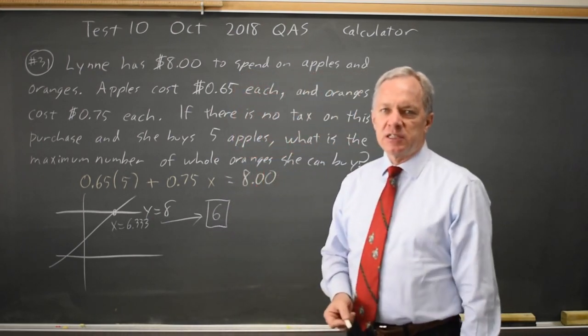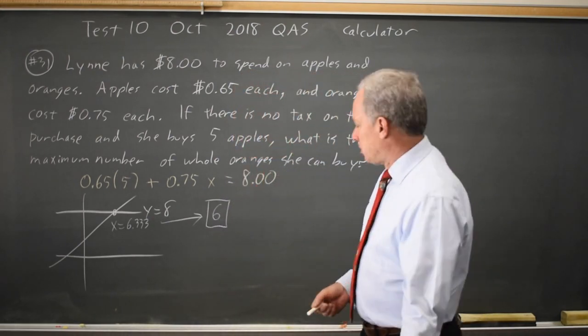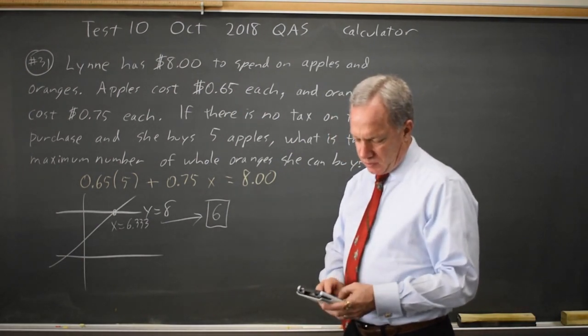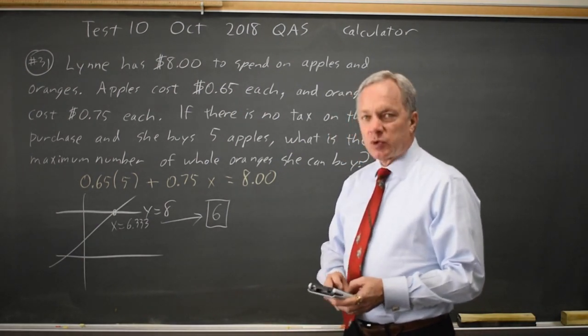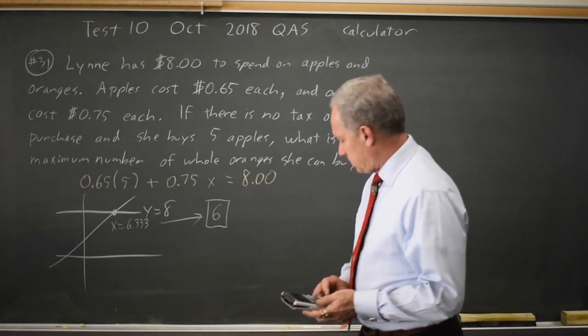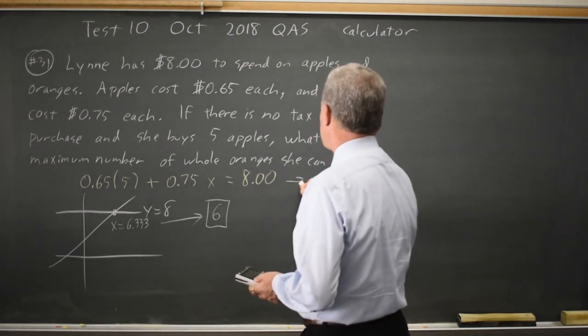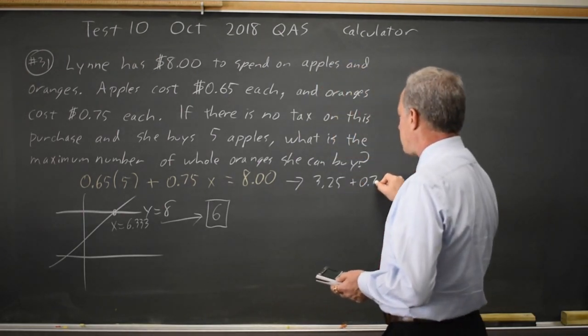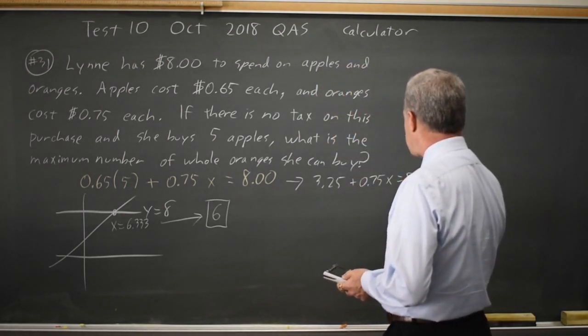Alternatively, I can solve this either by hand or using a scientific calculator. 0.65 times 5 is 3.25, plus 0.75x equals $8.